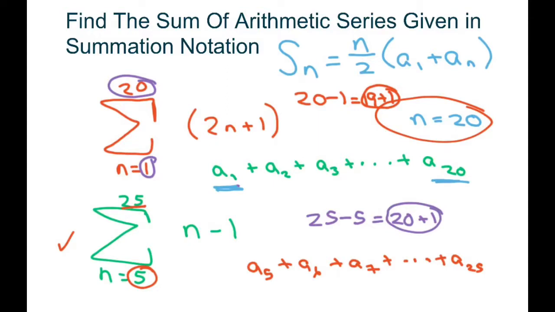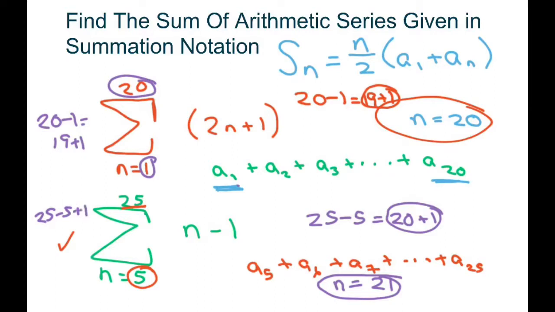So our n here is actually 21 terms. Don't just say 20, because look at this, 20 minus 1 is 19, and we know we have 20 terms here. So you always have to add 1. If you just say 25 minus 5 without adding the 1, you're going to get the answer wrong.